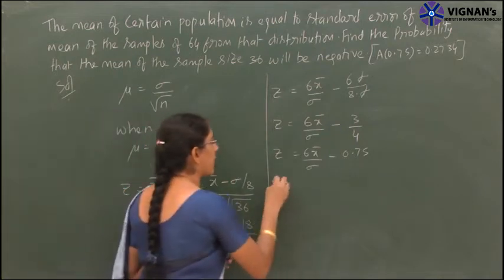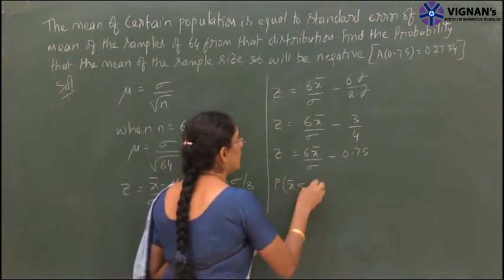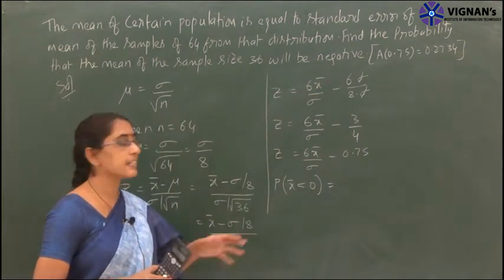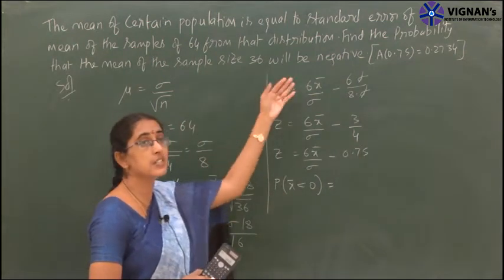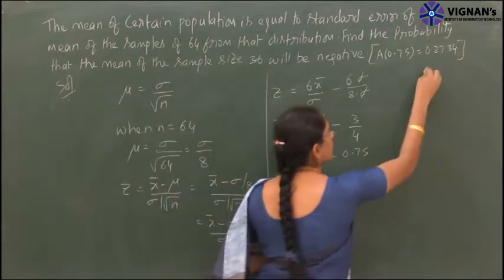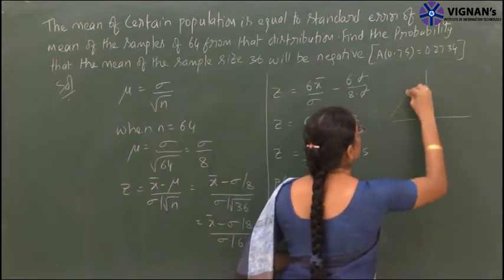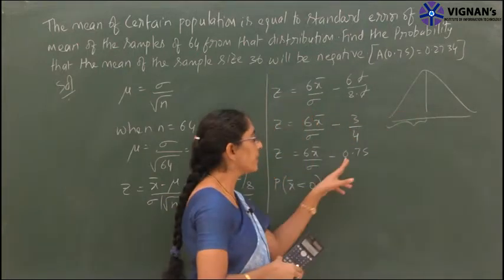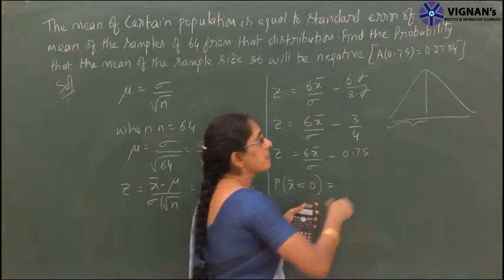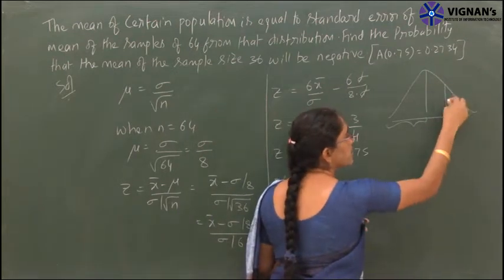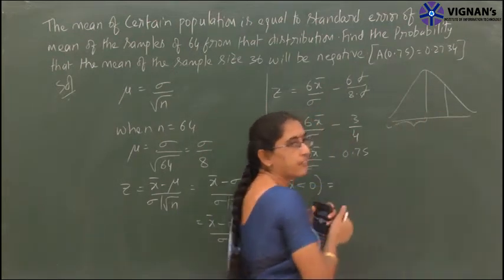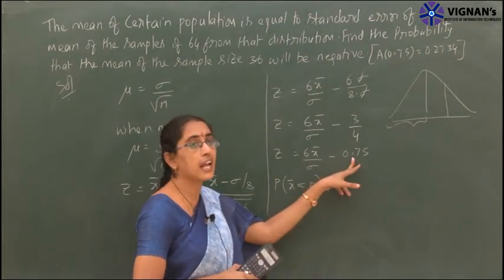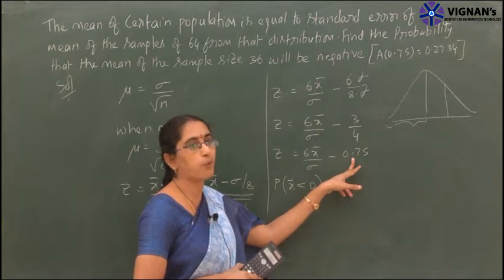Now we have to find the probability of x bar less than 0. The probability that the mean of the sample of size 36 will be negative means, if you consider the normal curve here, negative means they are asking for the left side. But 0.75 means this part, and we have to find this total value. It is less than 0, but here we are getting the z value as 0.75, which is positive.